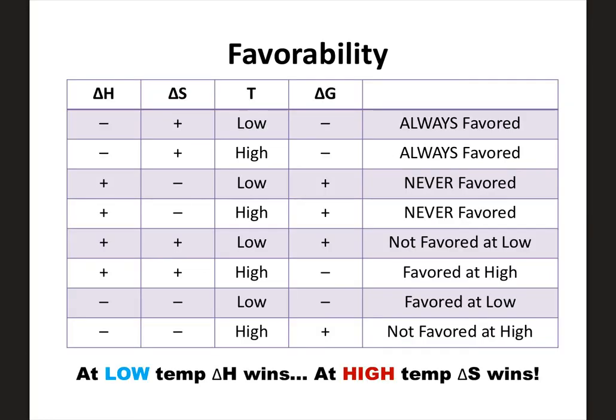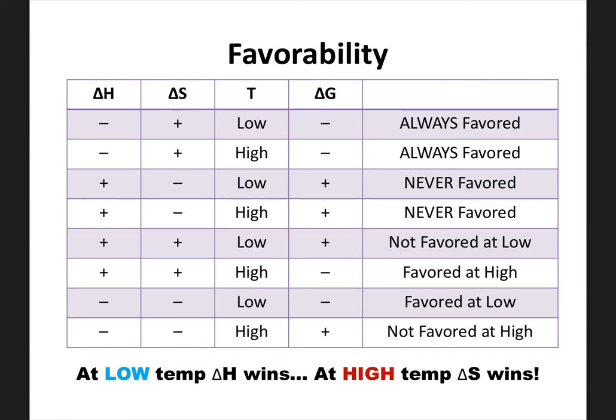We need to think about this favorability a little bit more here. We said you do need to consider delta H, delta S, and the temperature when trying to figure out if a reaction is going to be thermodynamically favored or not. The easiest ones to think about are, what happens if you have your preferred delta H and preferred delta S?